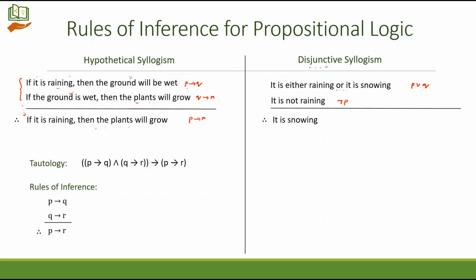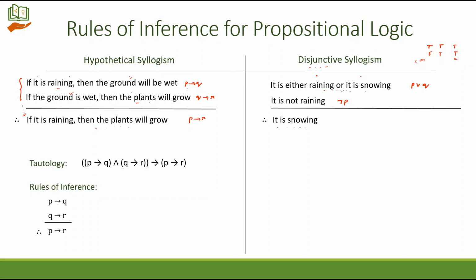But in disjunctive syllogism, we involve disjunction, and from the disjunction we are removing one of the options. In order to make this particular statement true, you have to show that the other statement is true. So let's take, if P is true, Q is true, we can have true. But here one of the premises is saying this is false. So in order to give true here, you have to make this true.